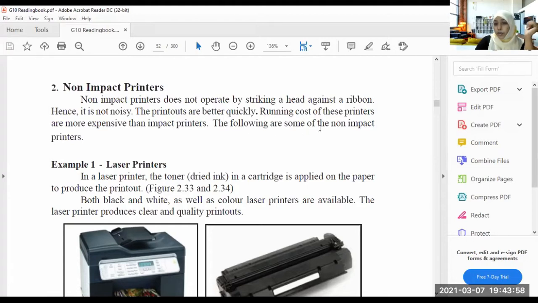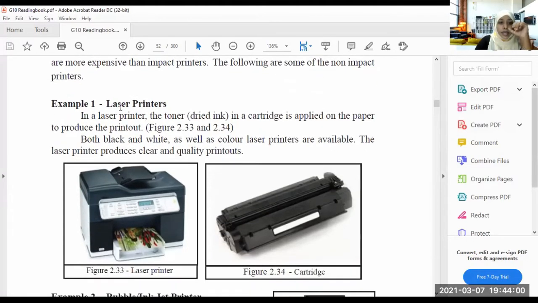The following are some of the non-impact printers. Examples are laser printer. I think you have seen these laser printers. Laser printer has a toner, dried ink. The ink is like dust, okay, like dusty ink, in a cartridge. So this is a cartridge. It is applied on the paper to produce the printout.